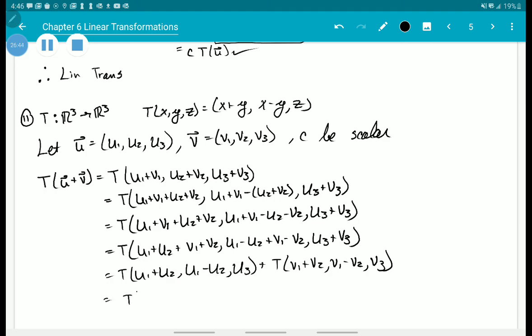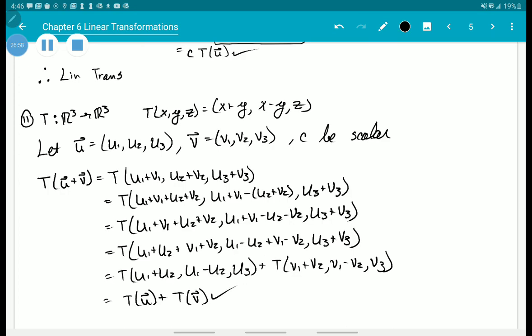So that is the transformation of U. This guy is the transformation of V, because it would be first plus second component, first minus second component, and third component. So that first property holds.